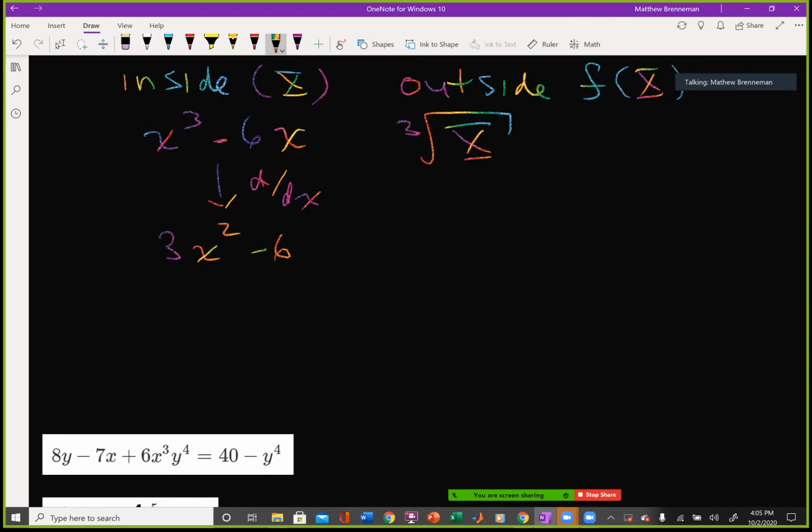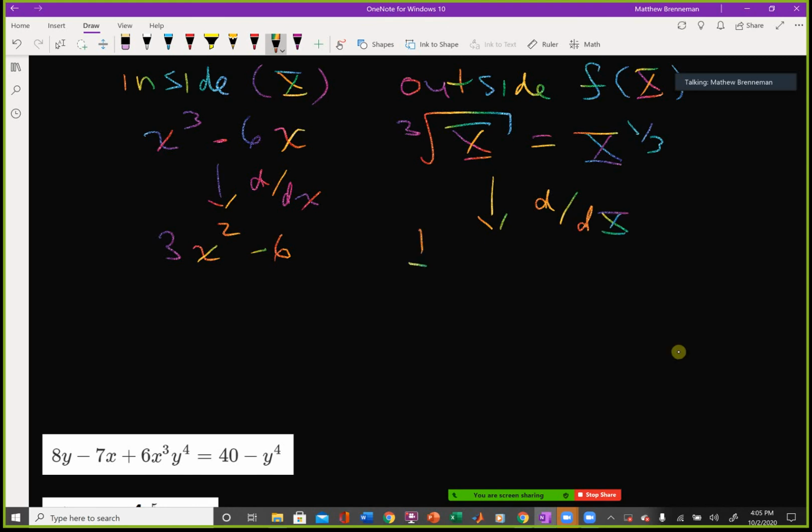Now, to take the derivative of the outside function, what do I have to do? I don't have a rule for taking the derivative of roots, right? So what do I have to do before I take the derivative? You have to convert it to a fractional exponent. Sure do. And now I'm ready to take the derivative with respect to capital X. Okay?